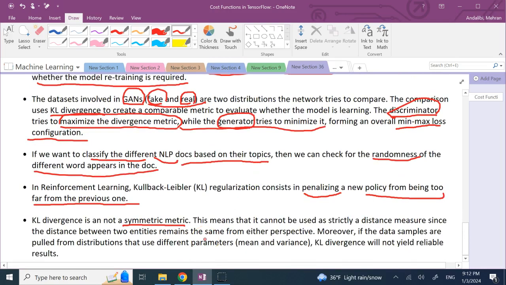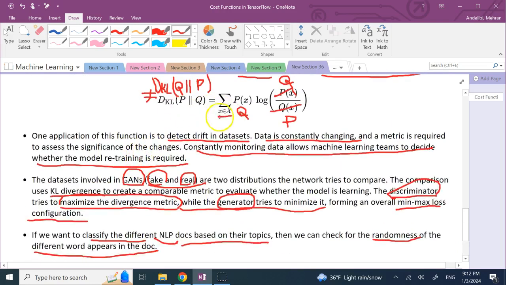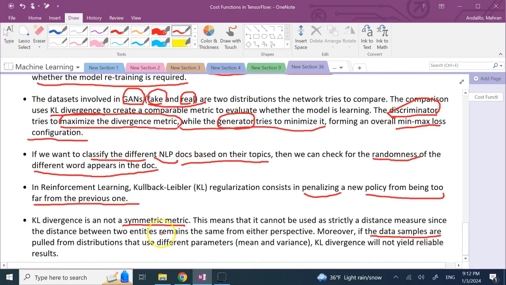Okay. And the other thing is, if the data samples that you have here are pulled from distributions that have different parameters, then this is not going to work very beautifully.